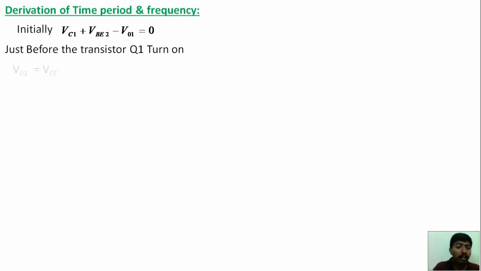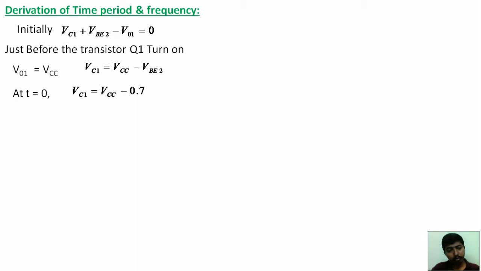Substitute here, we will get VC1 is equal to VCC minus VB2. VB2 means the second transistor, Q2. At that time transistor Q2 will be turned on, so VB2 will be 0.7. So we write at t is equal to 0, the voltage across the capacitor VC1 is equal to VCC minus 0.7.